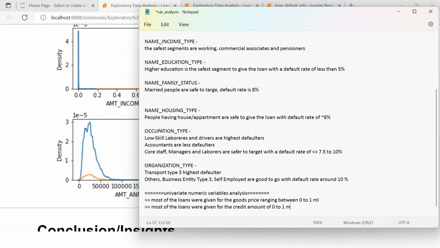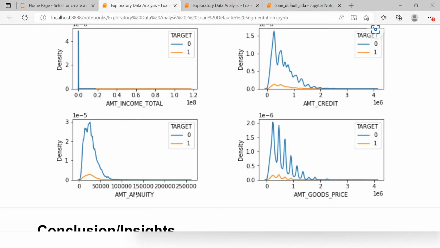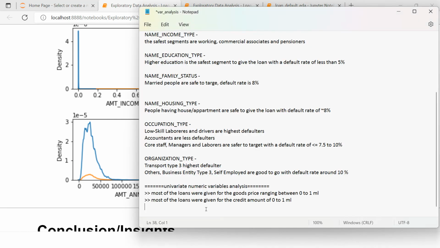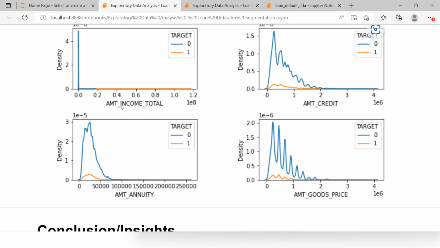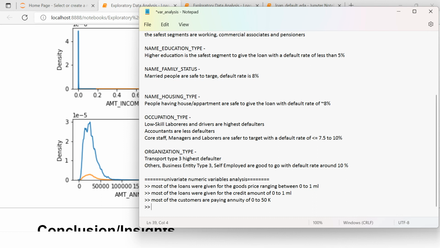Now let's have a look at amount annuity. Mostly the customers are paying an annuity of 0 to 50,000 rupees. So most of the customers are paying the annuity of 0 to 50,000, and mostly the customers have income between 0 to 1 million.